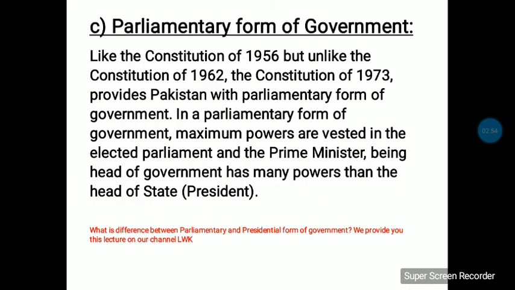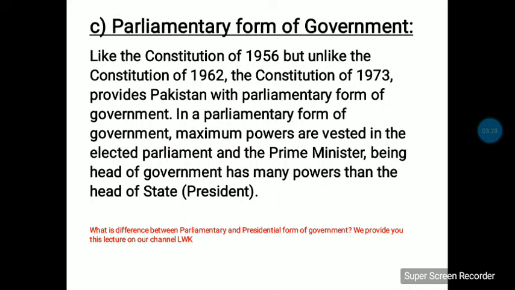Parliamentary form of government. Like the Constitution of 1956, but unlike the Constitution of 1962, the Constitution of 1973 provides Pakistan with a parliamentary form of government. In a parliamentary form of government, maximum powers are vested in the elected parliament, and the Prime Minister, being head of government, has more powers than the head of state.